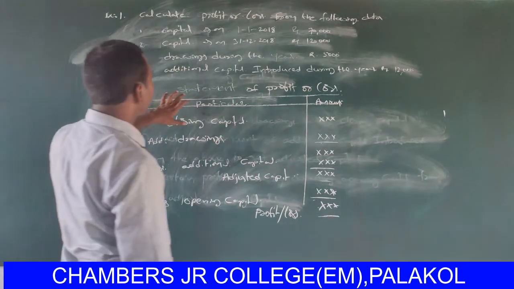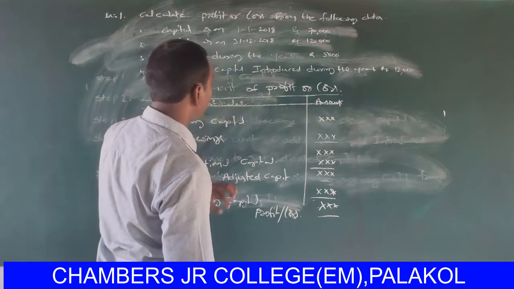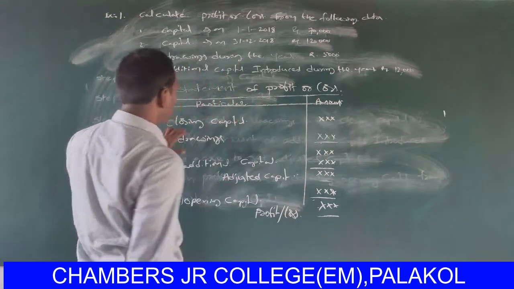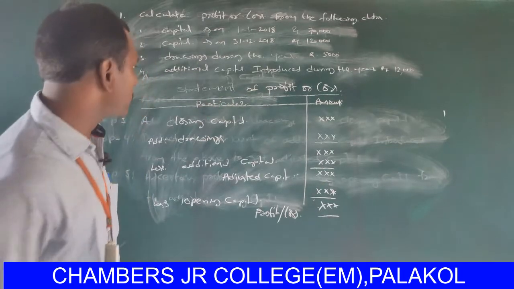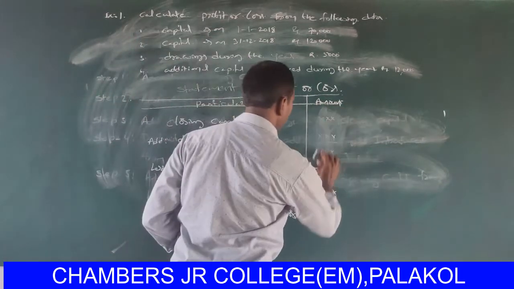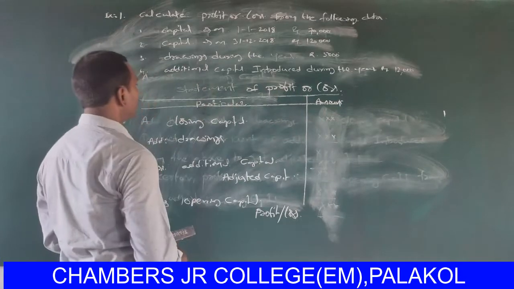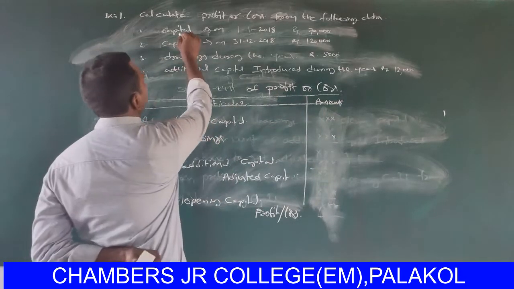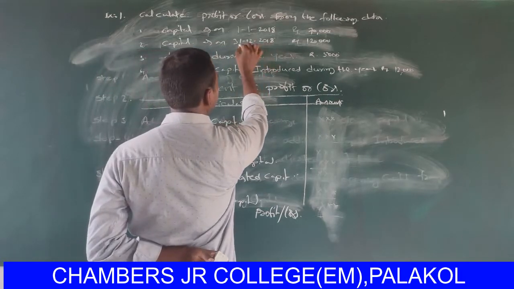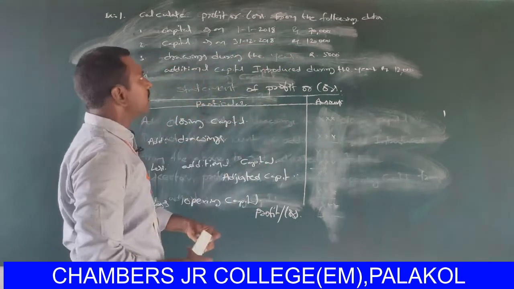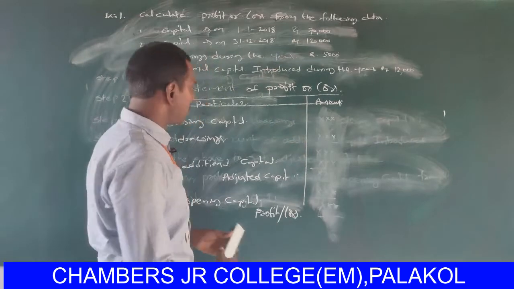Now we need to prepare the statement of profit or loss. Particulars, amount. Here first of all you take closing capital, that is capital as on 31st/12/2018. This is year ending. This is closing capital.